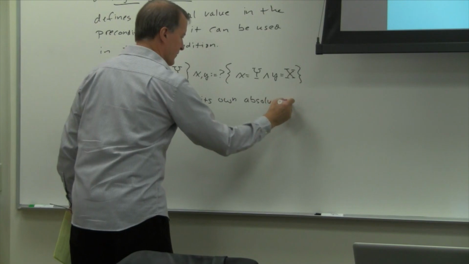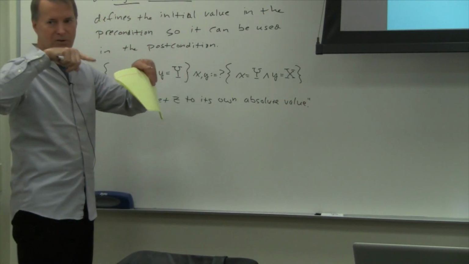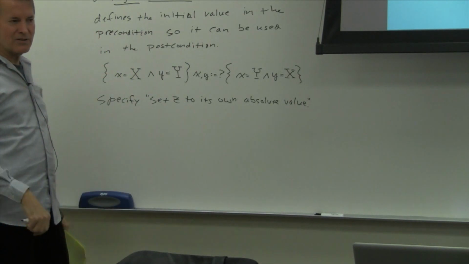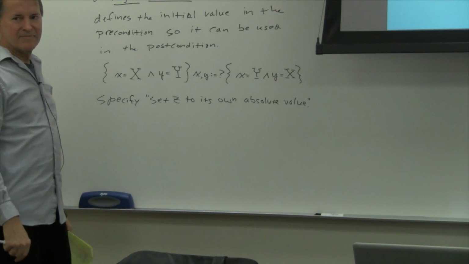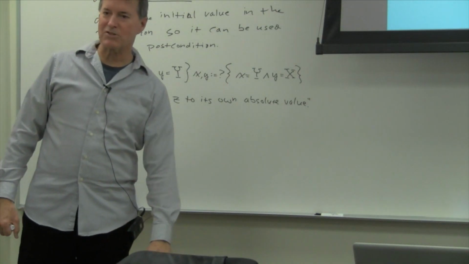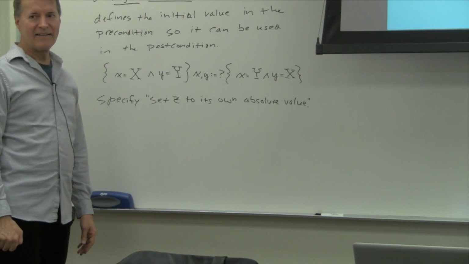You can use the absolute value symbol. Do we even need a rigid variable? Good question. Maybe we don't need a rigid variable for this one. True, z changes, and the postcondition is z equals absolute z.